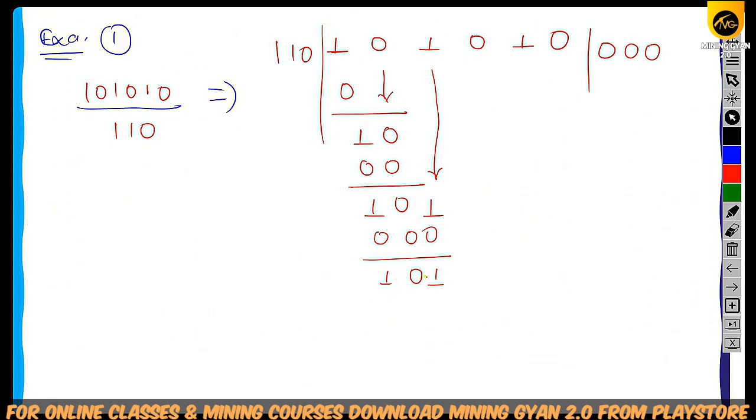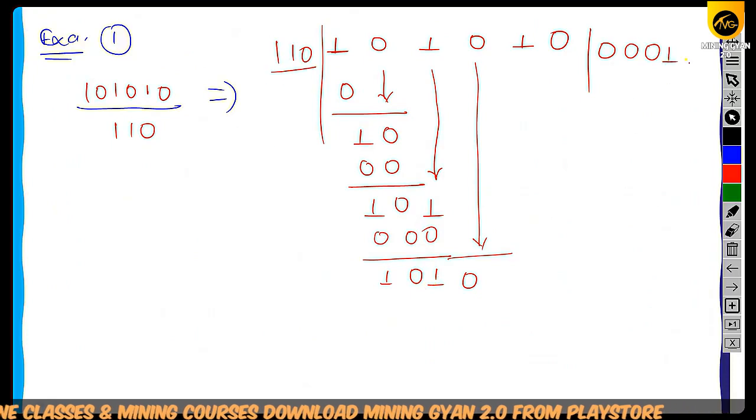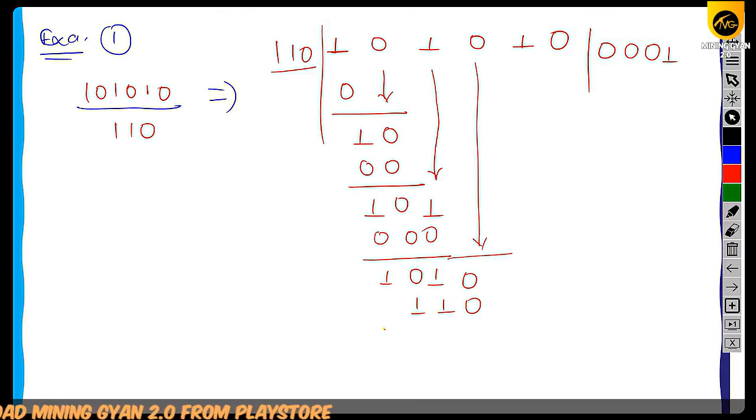Okay, so 101. Now the next digit is the 0. So it's 1010. Now the 1010 is a 4-digit number. Basically this is greater than 110, so you can do one time and write it down on the rightmost side, so it will become 110.